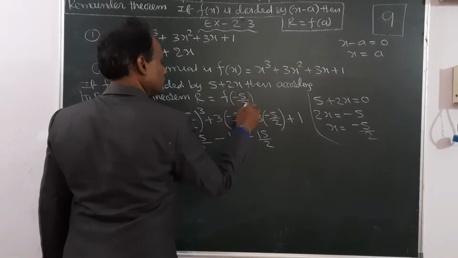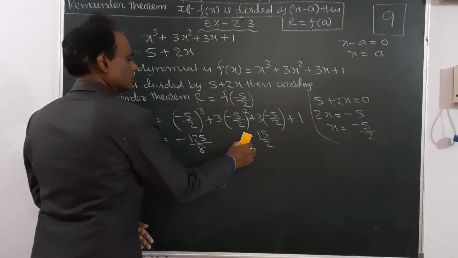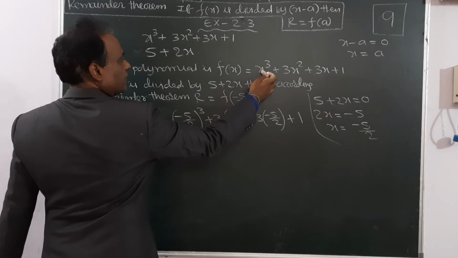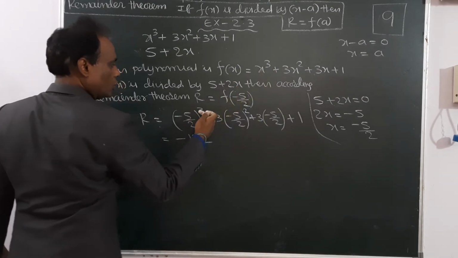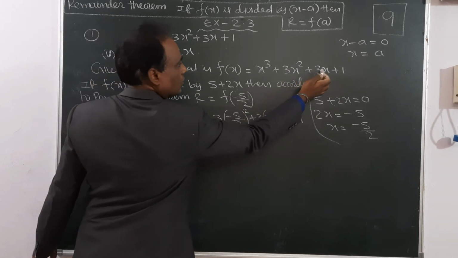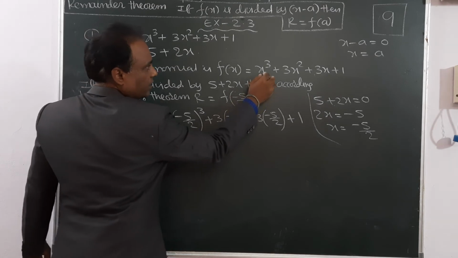Okay, this is square. Minus 5 by 2 in place of x. X is equal to minus 5 by 2 whole cube. 3 into the x value minus 5 by 2 whole square plus 3 into the x value minus 5 by 2 plus 1. Minus 5 by 2 substituted in place of x.